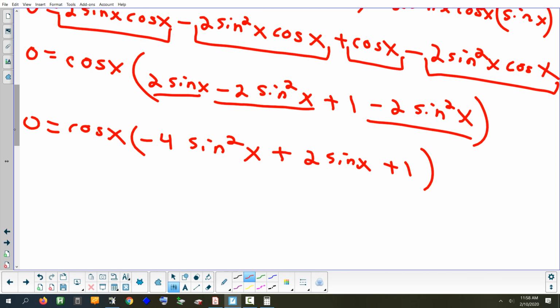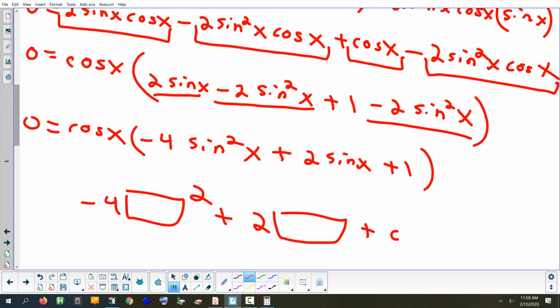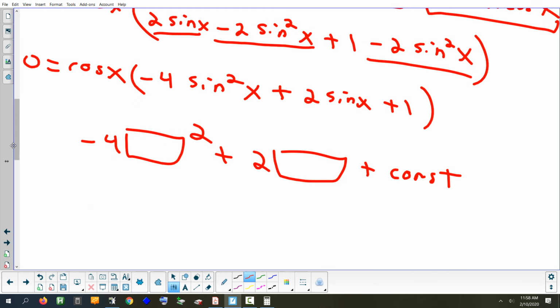I want you to look at what's inside the parentheses there. It's basically this. Negative 4 something squared plus 2 times something plus a constant. That's a quadratic. Like if I were to fill in x and make the constant a 5, that's negative 4x squared plus 2x plus 5.